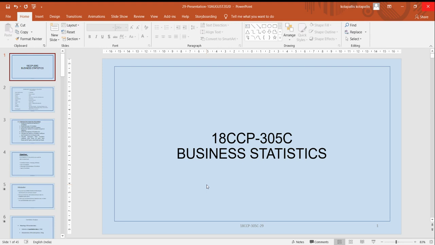And in the median, we have seen quartiles, deciles, percentiles in the third unit.